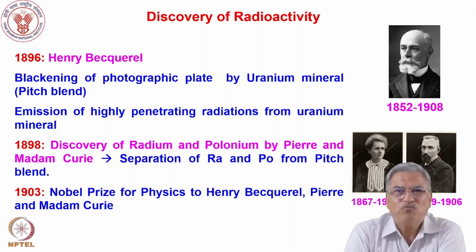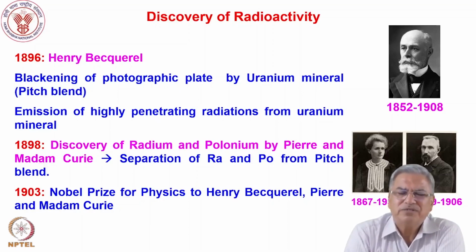Now, before we go further, let's discuss some of the initial history of this subject of radioactivity, namely the discovery of radioactivity. Most of you probably know already that the phenomenon of radioactivity was discovered by Henri Becquerel in France in 1896.